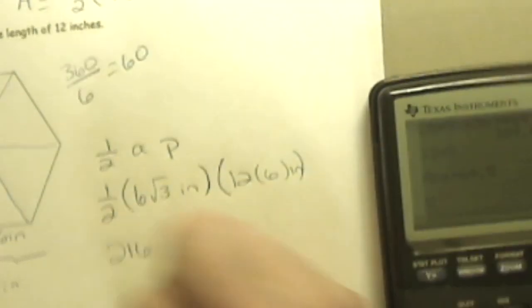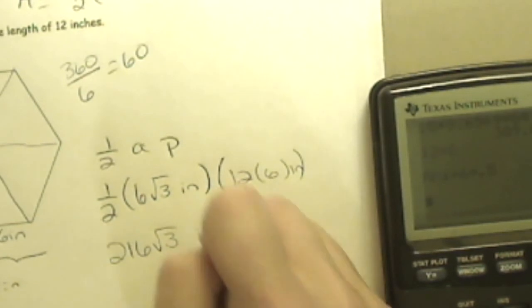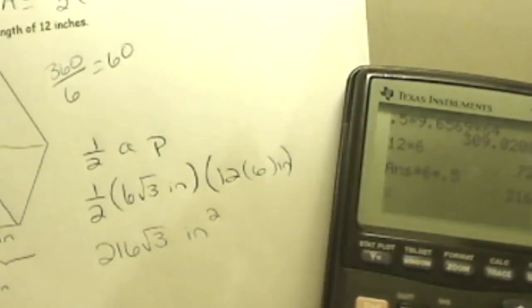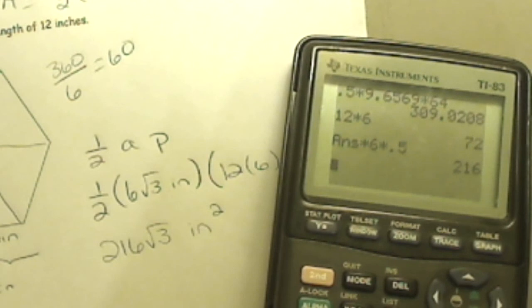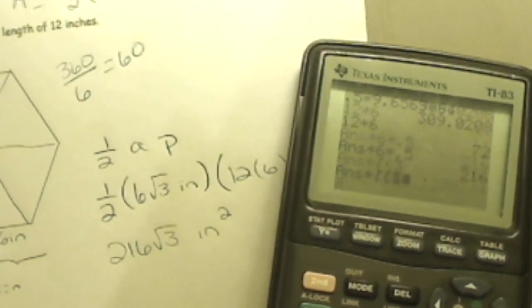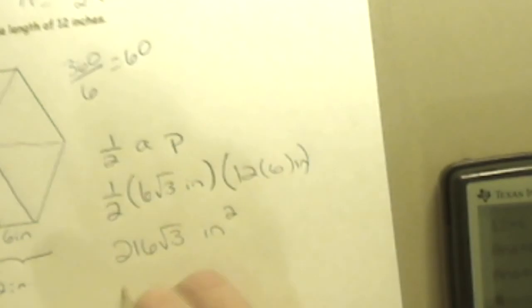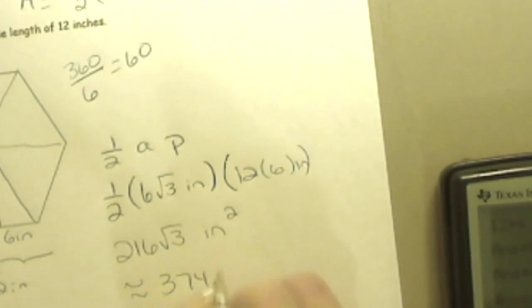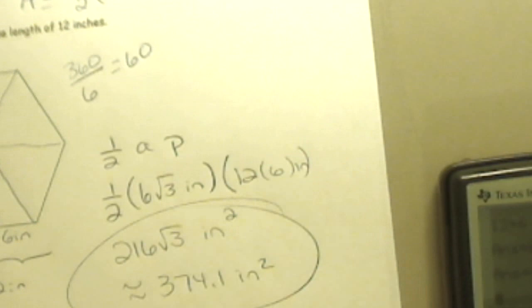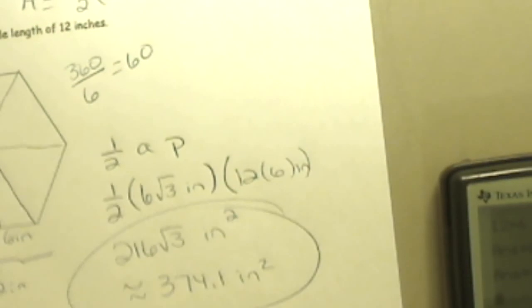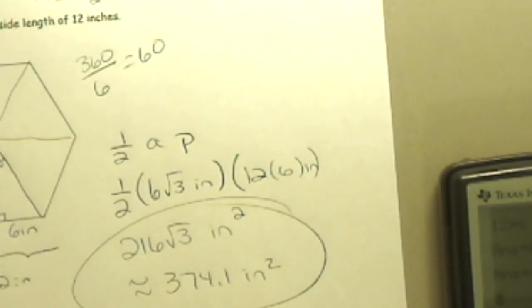So I have 216 roots of 3 inches squared. Now, just to give a decimal approximation, I get about 374.1. And that is how you use the area for a regular polygon formula.